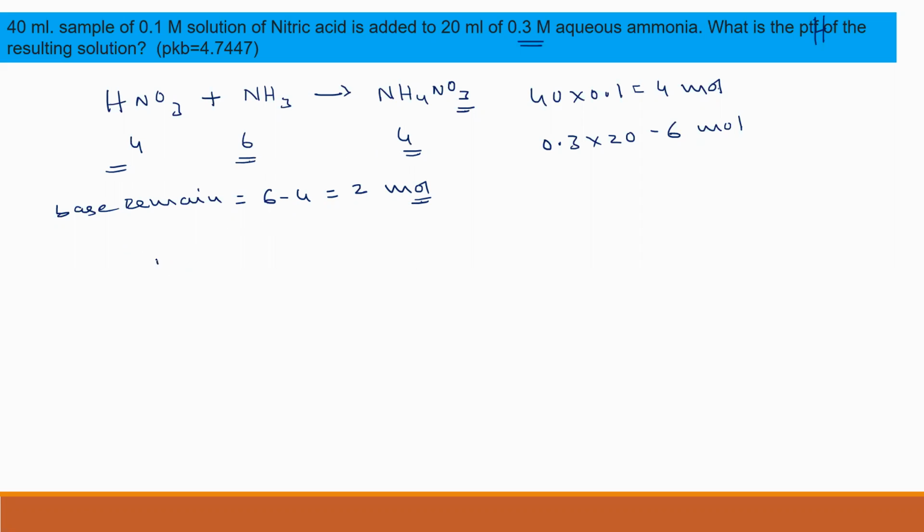Now, what is the formula to calculate the pOH? pOH is equal to pKb plus log of salt by base.